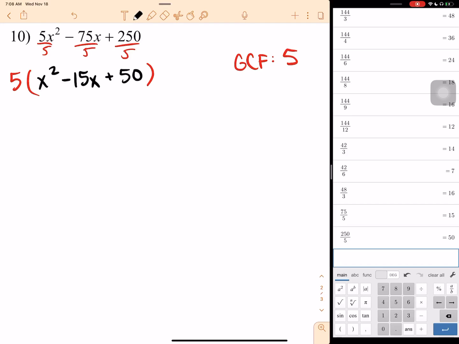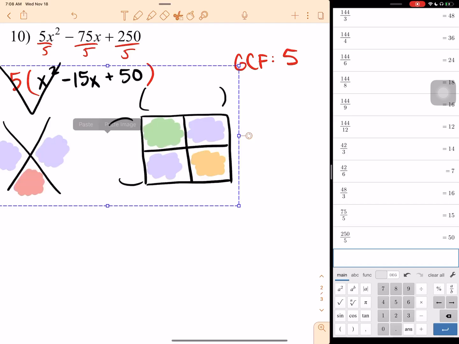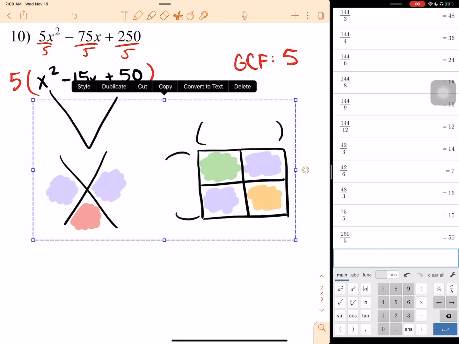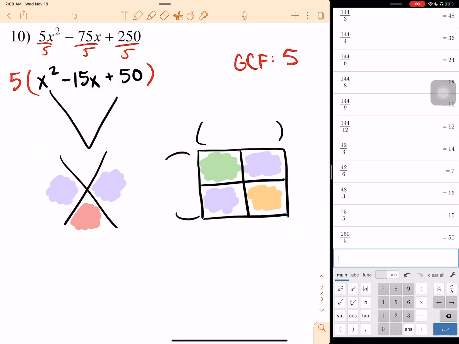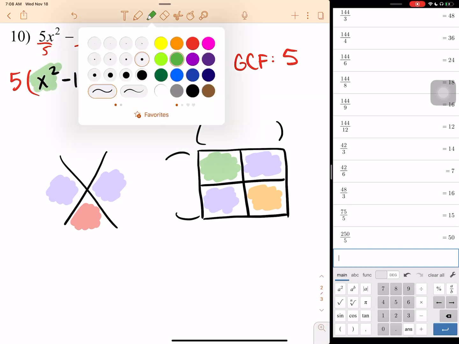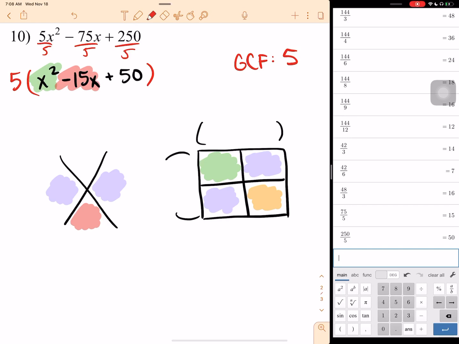Okay? So now I have to factor what is left inside. All right? So I'm going to color code real quick. That's my x squared, my bx term, my c. X squared times 50 is 50x squared.